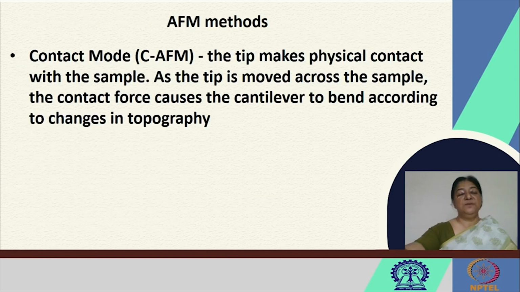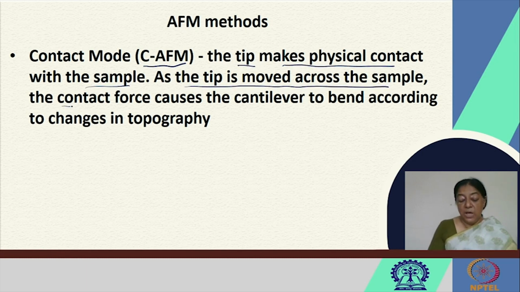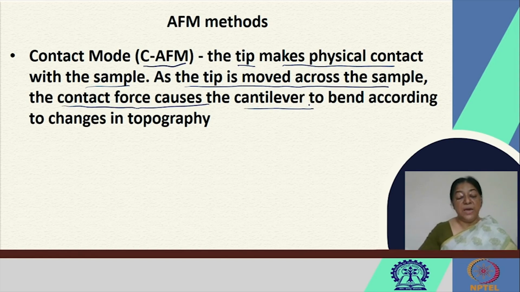If we look at the different AFM methods that are known, we have the contact mode, or CAFM, where the tip makes physical contact with the sample. As the tip is moved across the sample, the contact force causes the cantilever to bend because of the changes in the topography of the sample.